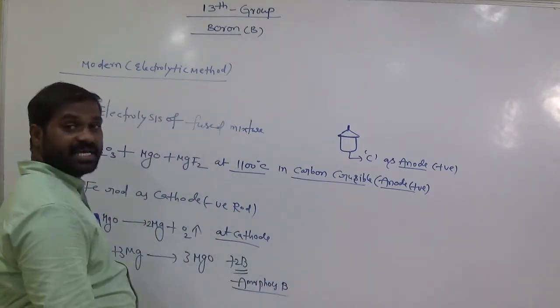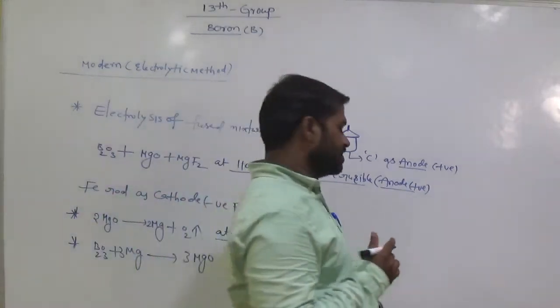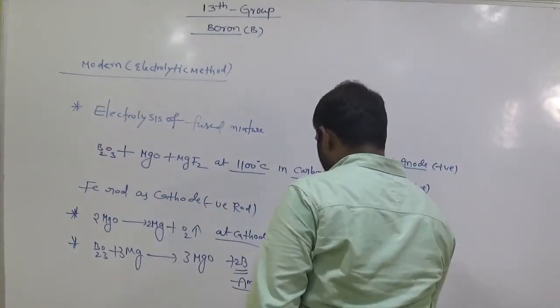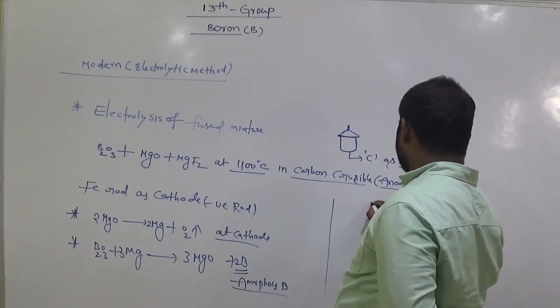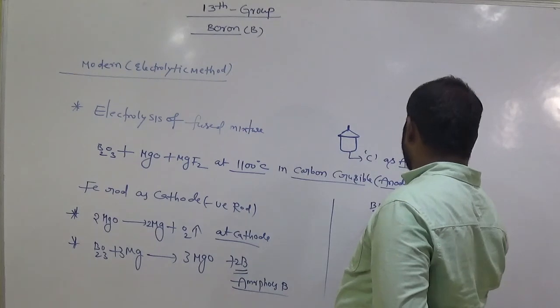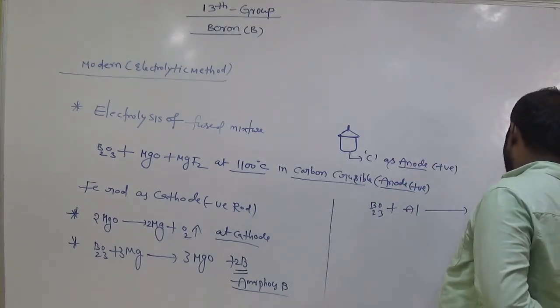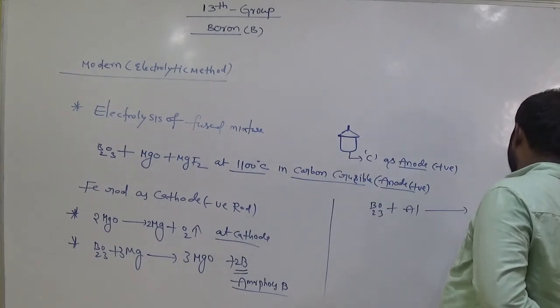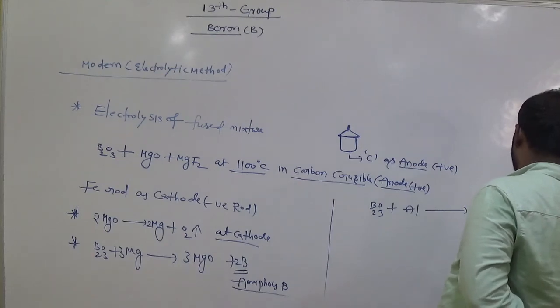Which rod did we use here? Iron rod. Forget the pure boron; already we discussed it. And here is amorphous boron, and this B2O3 interacts with aluminium. It gives Al2O3, which we call alumina, and boron.